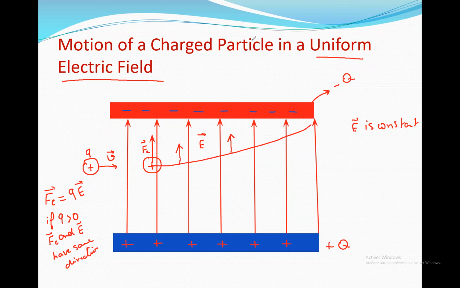You can draw F with this color, like this. Okay? F must be up. So you have a deviation like this.